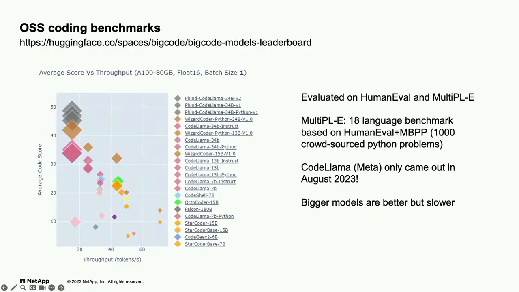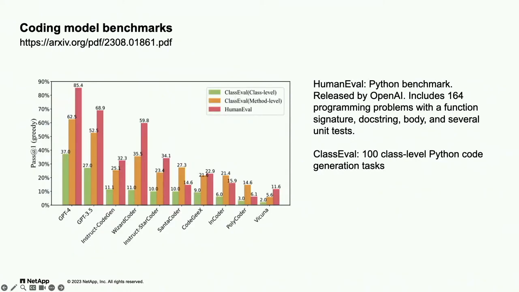Right, okay, so I also want to say here that, okay, hang on, I'm going to go with this slide first. So here is GPT-4 against other coding models and specifically two benchmarks here. HumanEval. So HumanEval is an OpenAI benchmark.